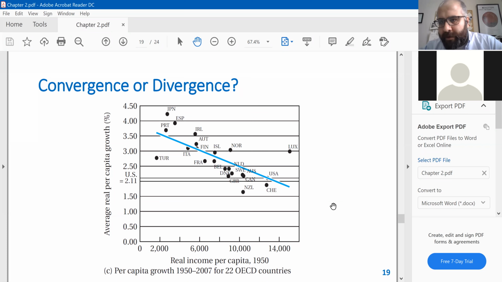Now, if you look at the OECD in 1950, as in this figure, we observe that these countries have really similar population growth rates, although income levels differ. They have similar saving rates too. I mean, not too diverse, okay?